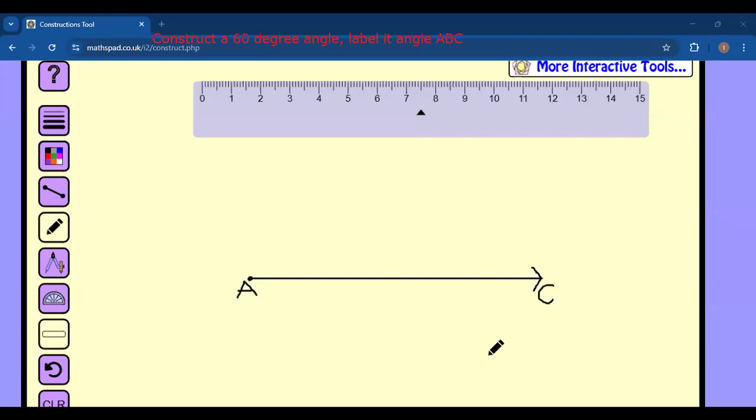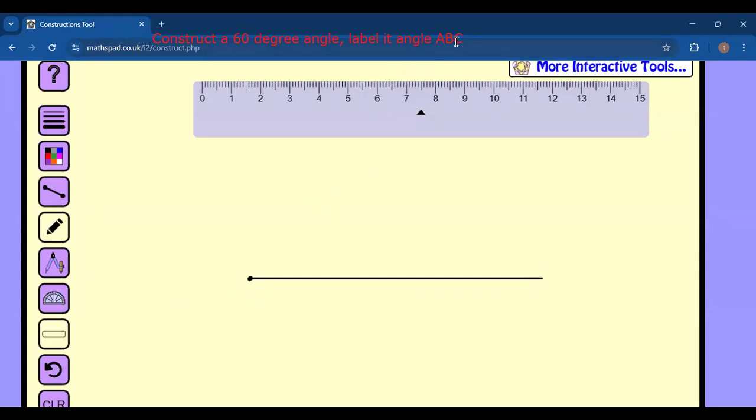Mr. T, go ahead. Ain't the line supposed to be BC? Because when the letter is in the middle, that means that's where the vertex is. Yeah, so the vertex is B. You're actually right, Shania. Let me erase this.